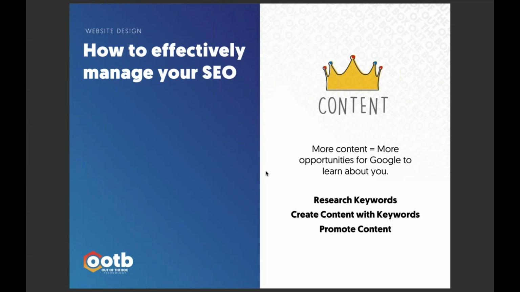And start a list of things that they would start Googling that you would want to appear for. And then that's your list of keywords. And then you need to build out pages on your website that target each of those keywords. And that's how you would expand on your content. A really easy way to do that is to start a blog on your website. And then each blog post can target a different keyword. So that's how you create content with those keywords.